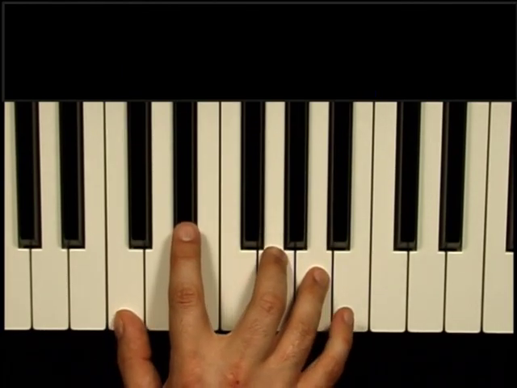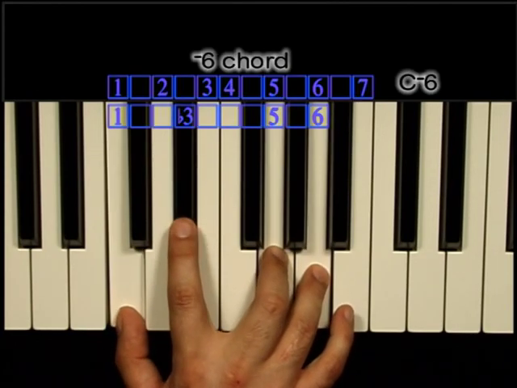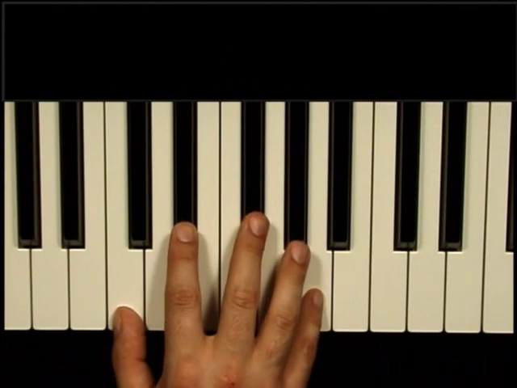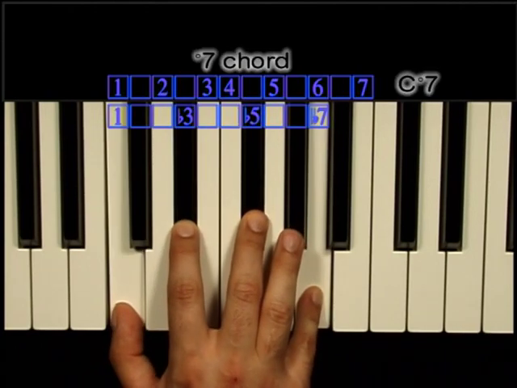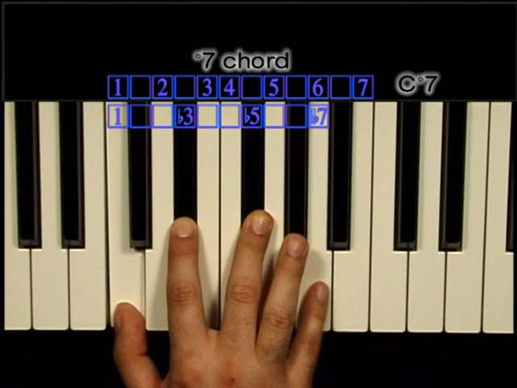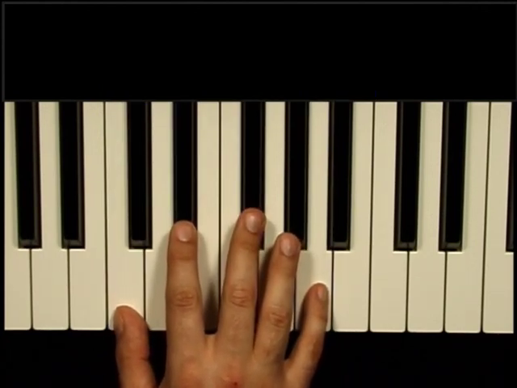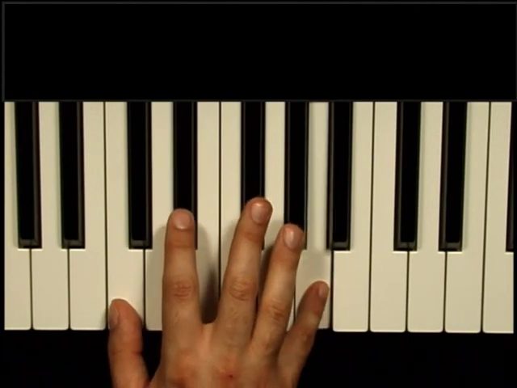This is a minor 6th. 1, flat 3, 5, 6. The next is the diminished 7th. 1, flat 3, flat 5, double flat 7. The diminished 7th is sometimes considered part of the 6th family because the double flat 7 is the same as a 6th.